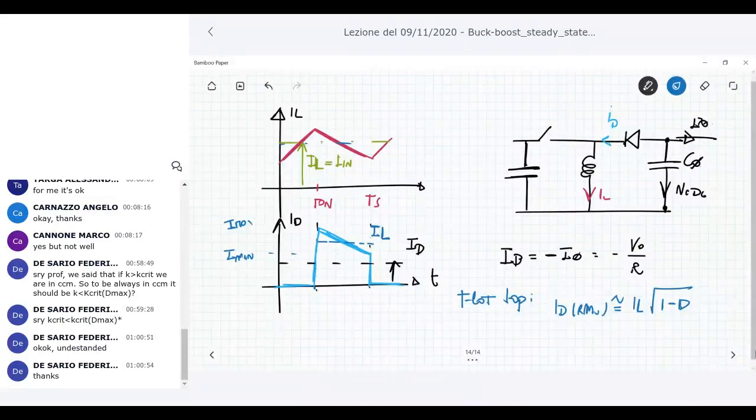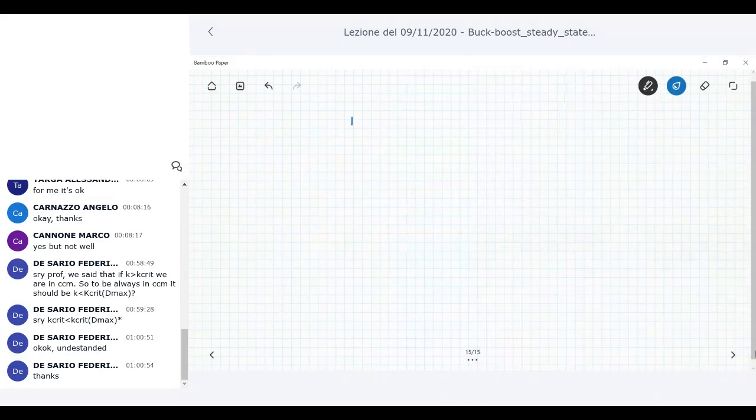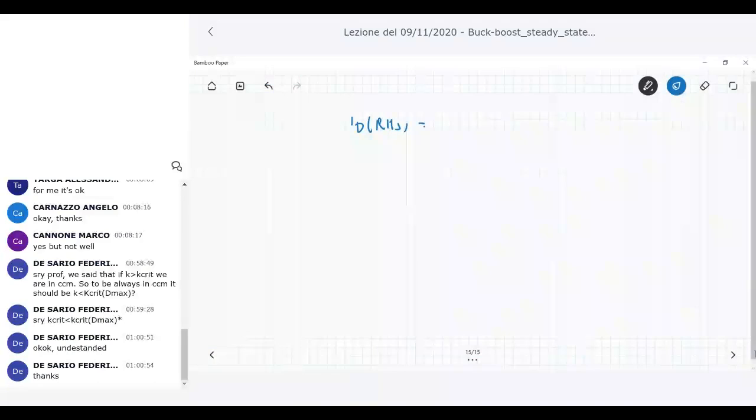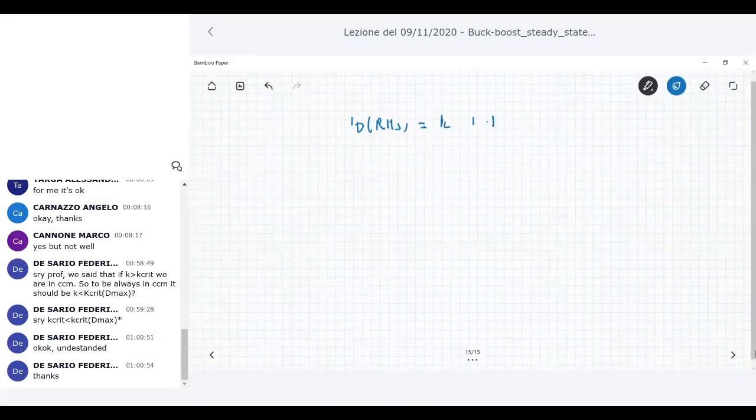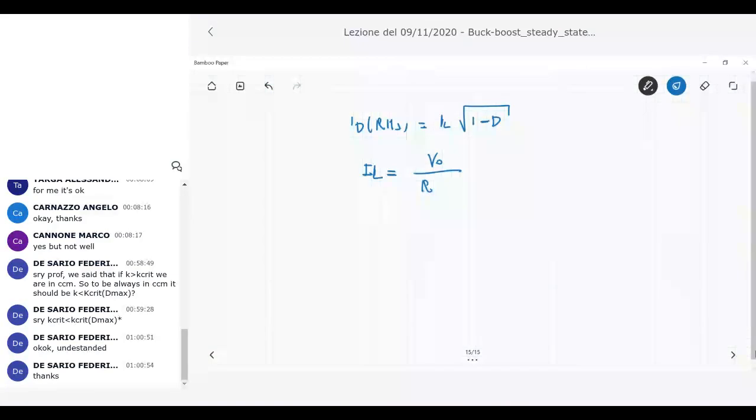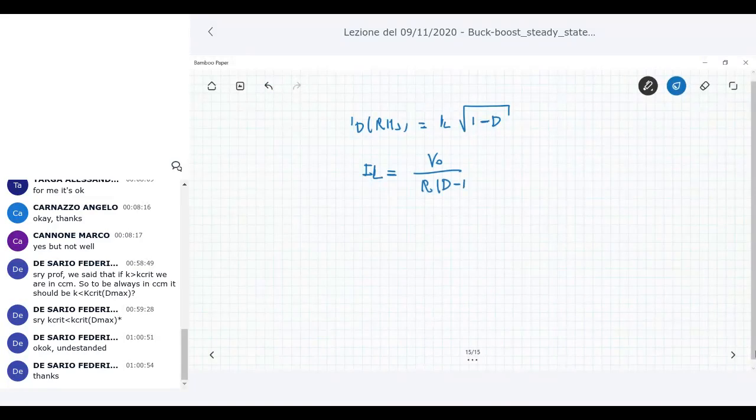IL average value is I in. And remember what I said. Let me change the page. ID root mean square is IL times the square root of 1 minus d. IL average value we computed before is V naught over R times d minus 1. Okay?